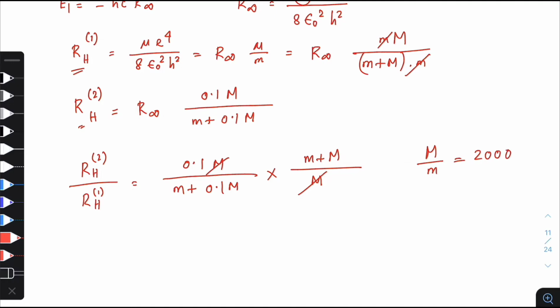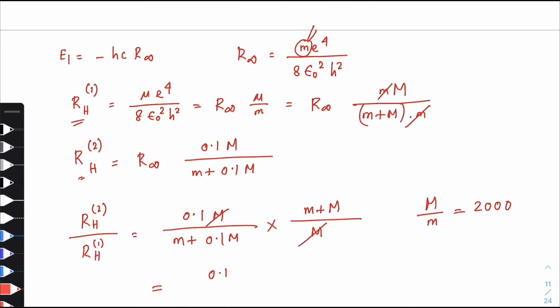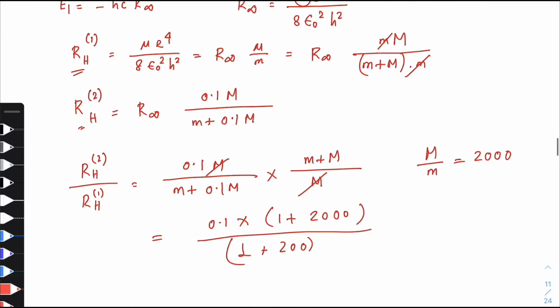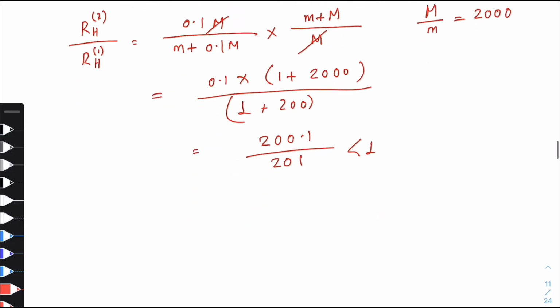This is a good approximation. Now we find this is equal to 0.1 times 1 plus 2000 divided by 1 plus 200. And this is equal to 200.1 divided by 201, and this is certainly less than 1. So we find that the Rydberg constant when the proton is 10 times lighter is less than the usual Rydberg constant.